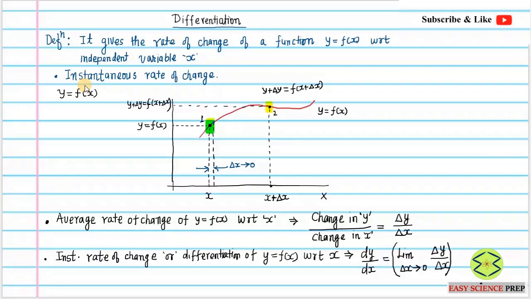If you take average rate of change, it is done over a large period, over a large variation. But if you want to find instantaneous rate of change, you have to make delta x very small, and to get that you have to introduce limit delta x tends to 0. So this is how we do differentiation. Now this can be simplified.